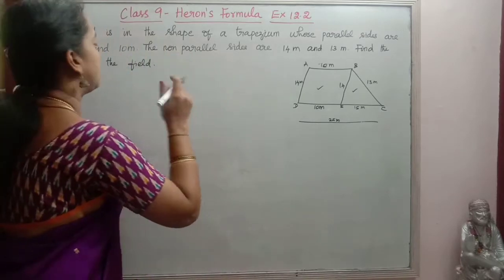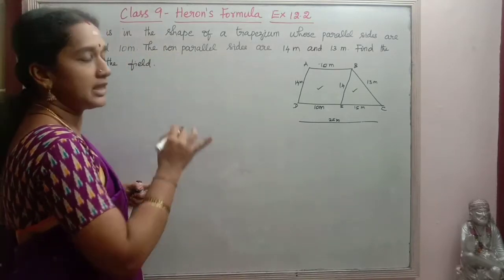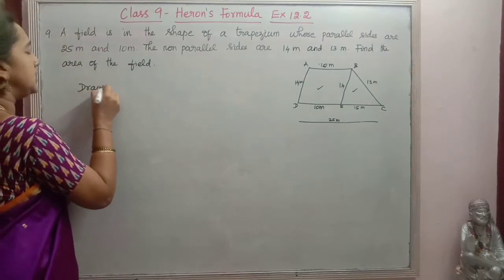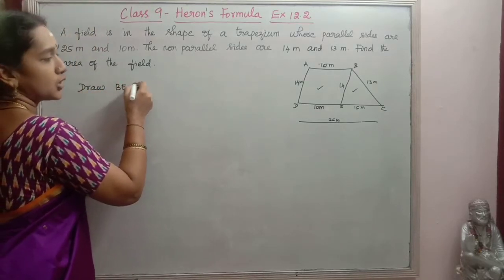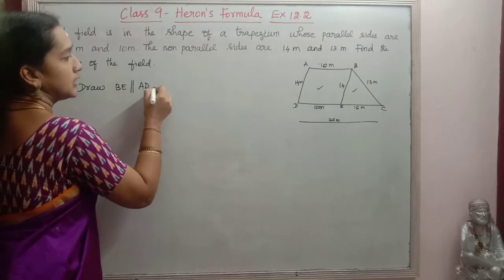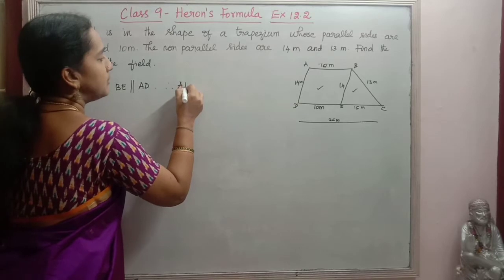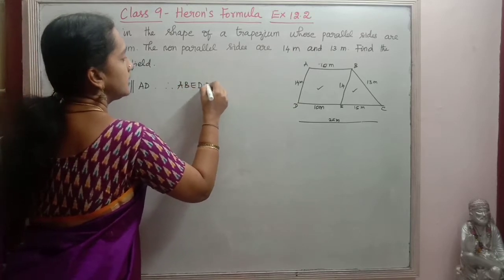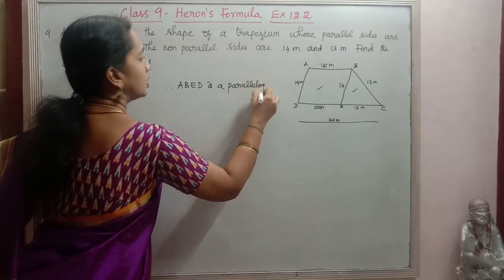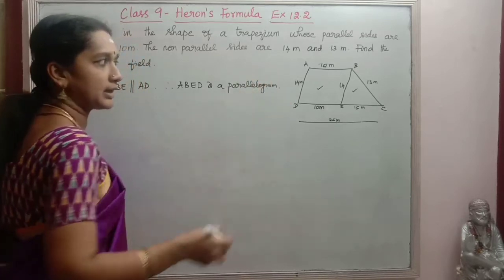So first we will write what we did: draw BE parallel to AD. Therefore ABED is a parallelogram.